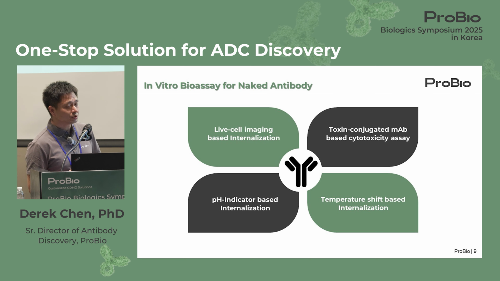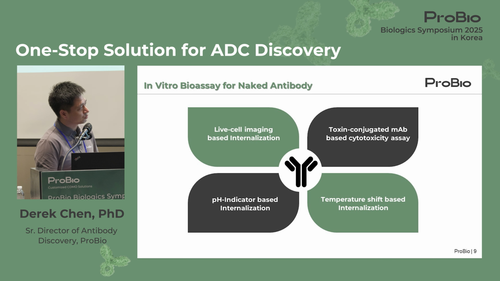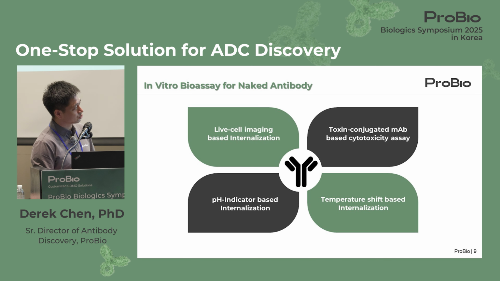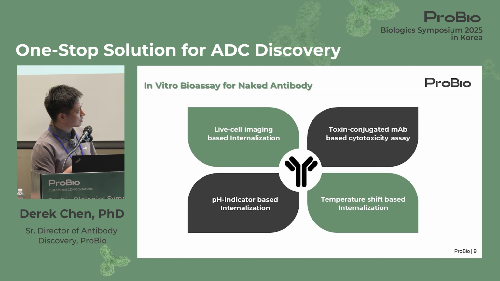Speaking of internalization, currently there are 4 different approaches to quantify or measure internalization: the live cell imaging systems, the toxin conjugated approach, the pH indicator pHrodo, and the temperature shift-based assays. The top 2 come with high throughput and automatic platforms.